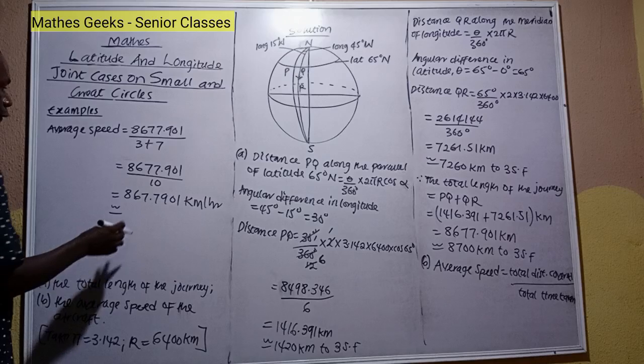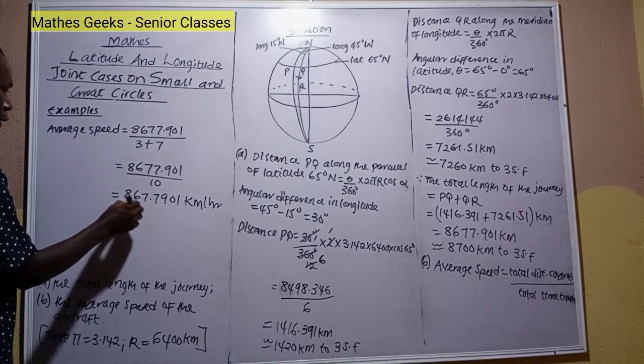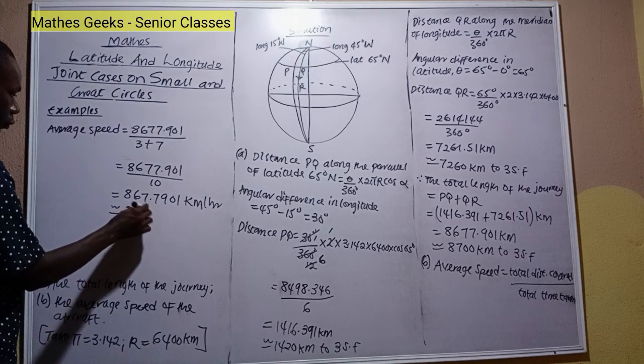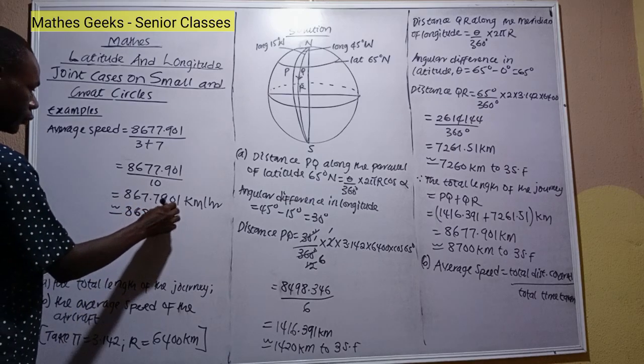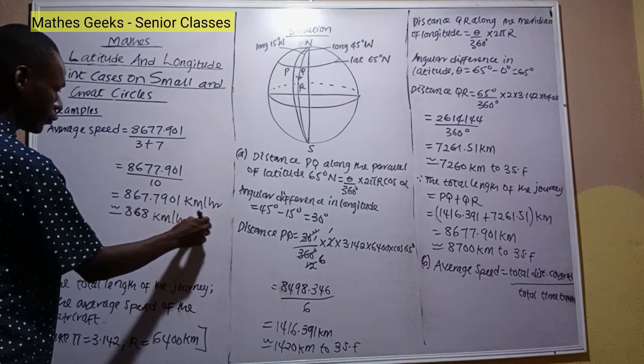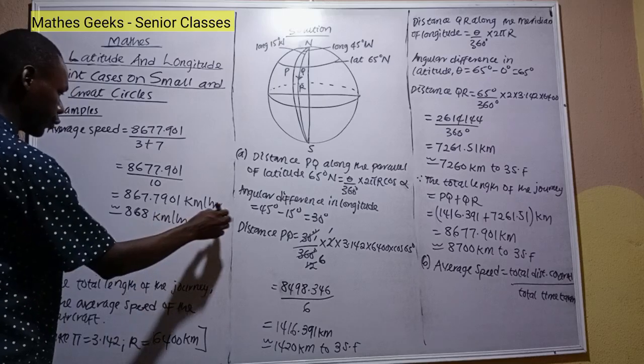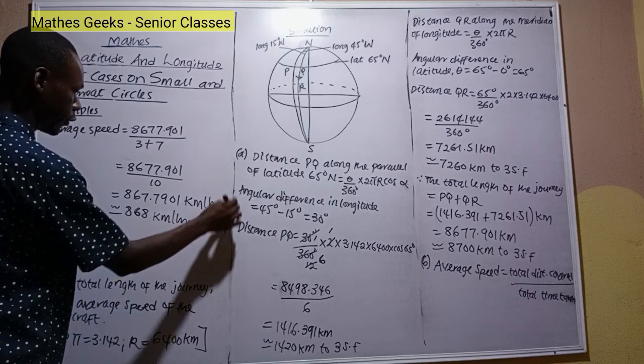So 3 significant figures will give us 868 kilometers per hour.